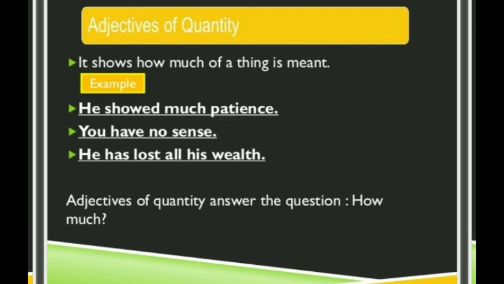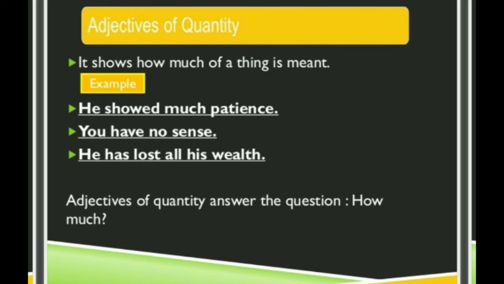The answer comes as no. So no becomes the adjective of quantity. He has lost all his wealth: how much wealth did he lose? All. So all becomes the adjective. A very simple tip here is to ask the question how much.